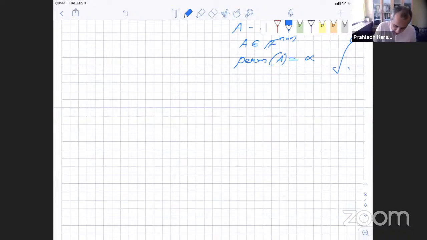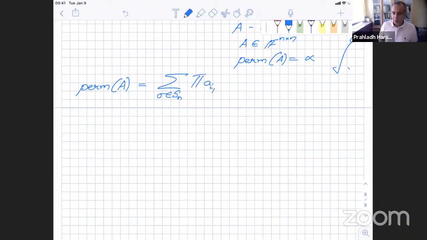So let's recall the permanent definition. The permanent of a matrix A was the sum over all permutations sigma of the product of A_{i,sigma(i)}, with i going from 1 to n. And we notice there's a downward self-reducibility.